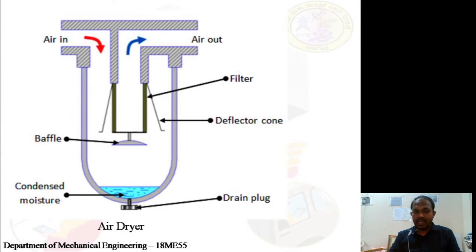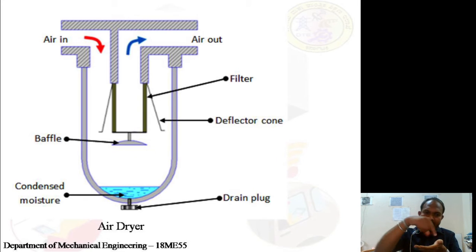Now, one type is the normal regular air dryer, which I am showing here. Wet filters and dry filters are used in air dryers. In this section, as we can see, as long as the air has moisture, it will be heavier. It makes an entry into this air dryer, and because of the deflector cones, the air movement becomes a swirling action.